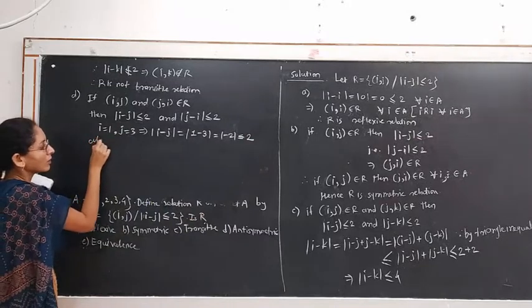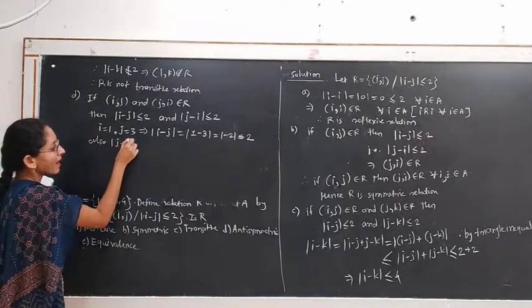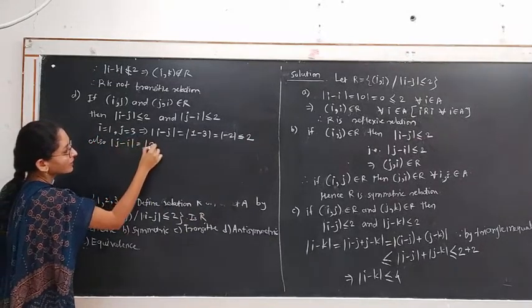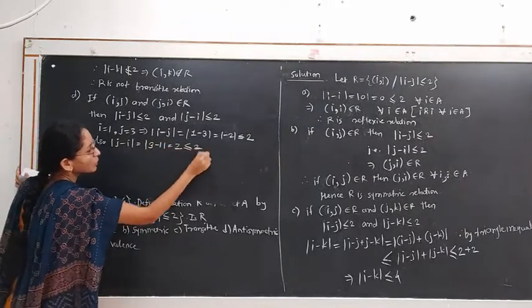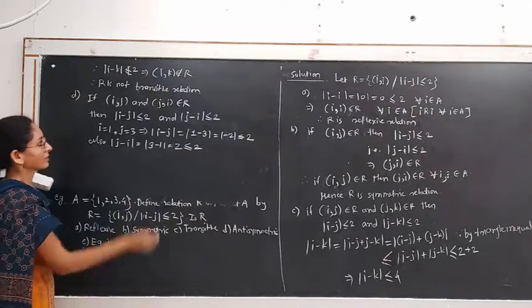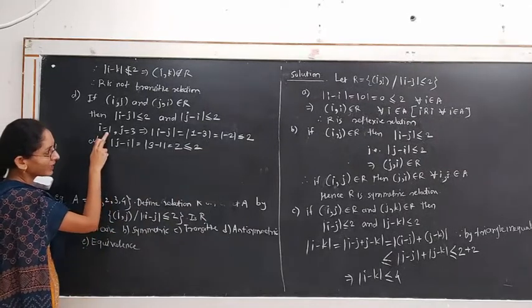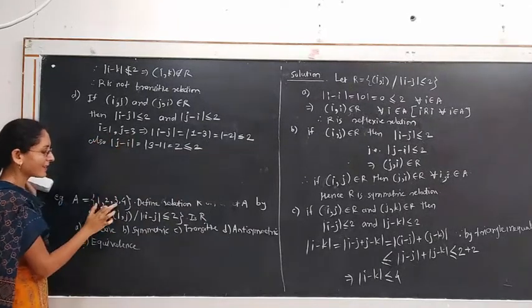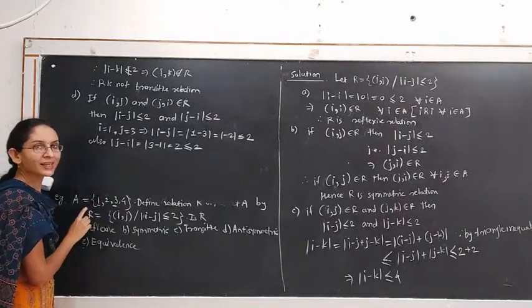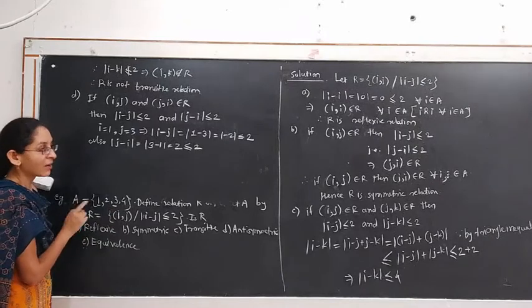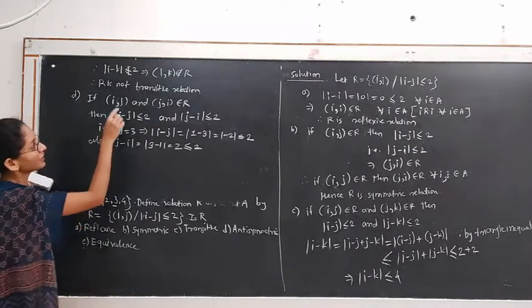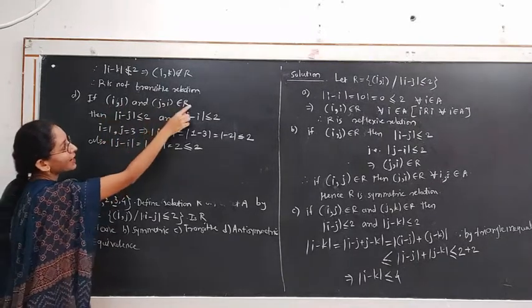Also mod of j minus i is equal to mod of 3 minus 1, which is equal to 2, less than or equal to 2. But i is 1 and j is 3. These are two different elements of the set A. 1 and 3 are distinct elements of set A, but they satisfy the condition that (i, j) and (j, i) belong to R.